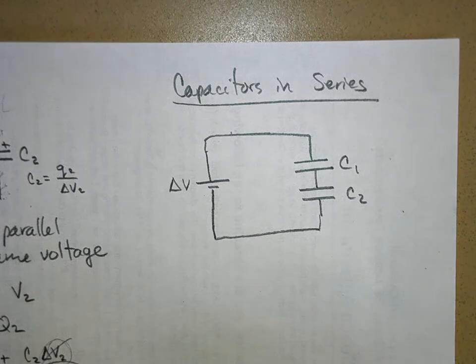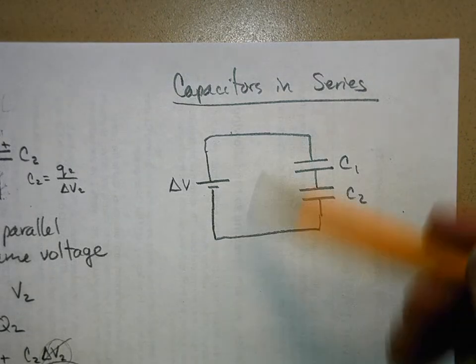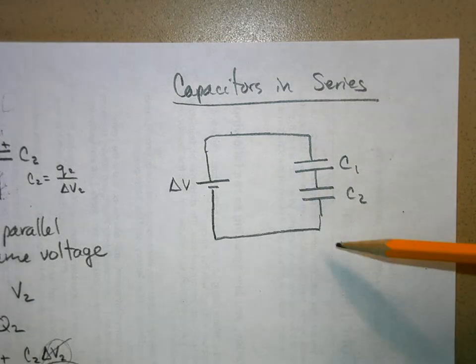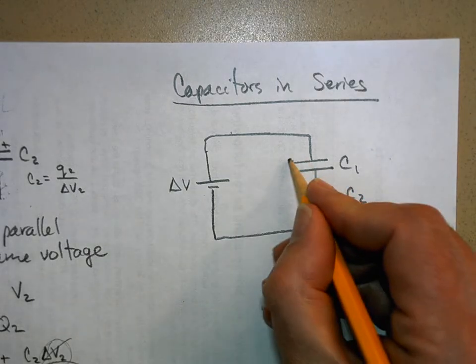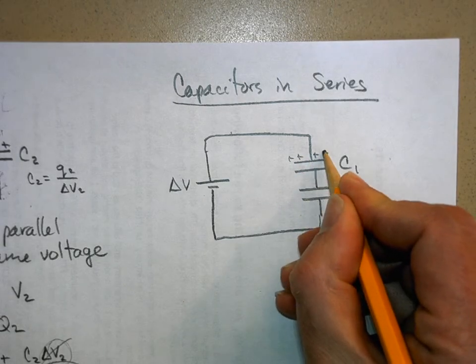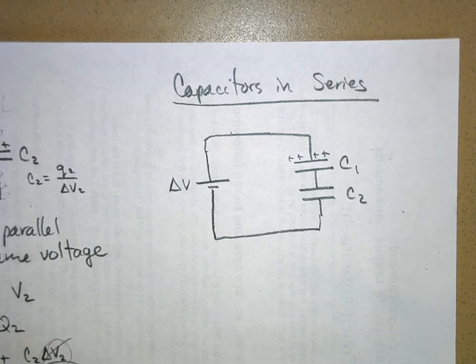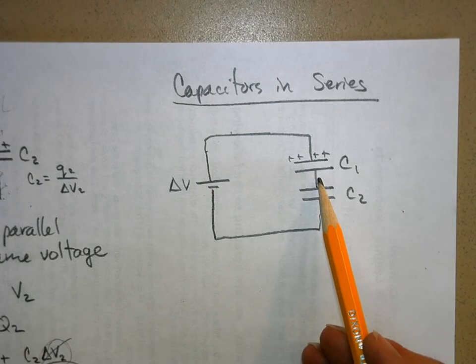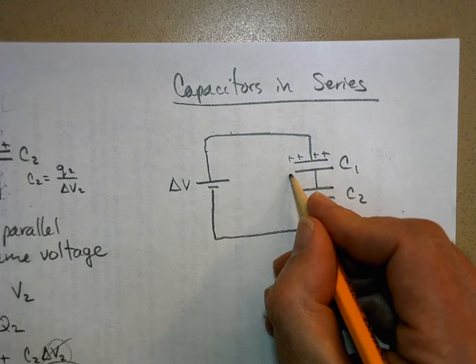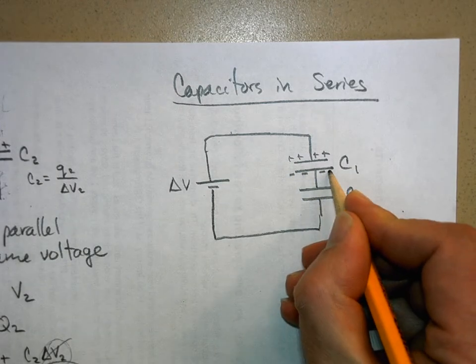But remember, these are all conducting wires and metal capacitor plates. It stuffs positive charge in here. Well, what does that do to the other side of this plate? It draws an equal amount of negative charge here. And what you get is an electric field in here.